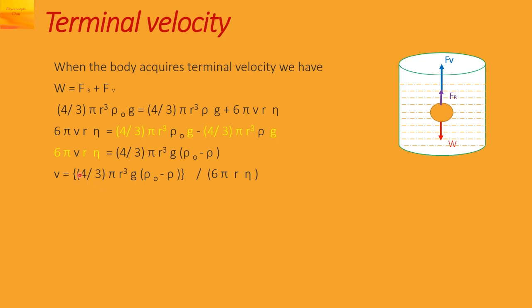Now, we are finding the formula for the terminal velocity. So, we will keep v on this side and take this 6 pi r eta to the other side in the denominator. After certain calculations of certain terms, we finally get v is equal to 2 r square into rho 0 minus rho into g upon 9 eta.